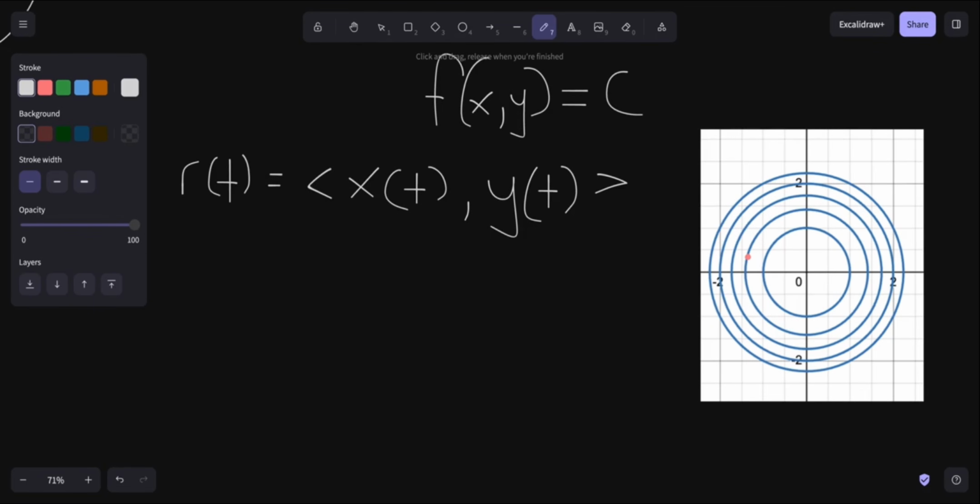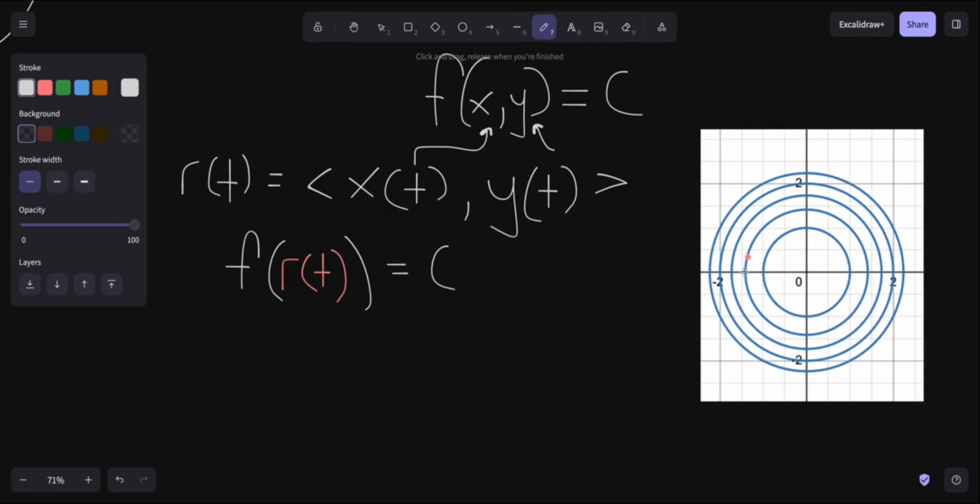All right. If I substitute x of t and y of t into my original equation, I just get that f of r of t is equal to some constant, right?